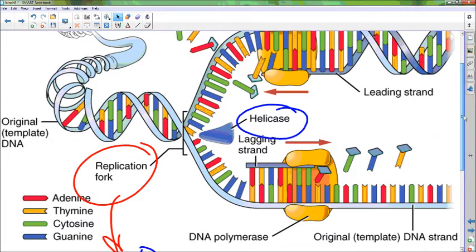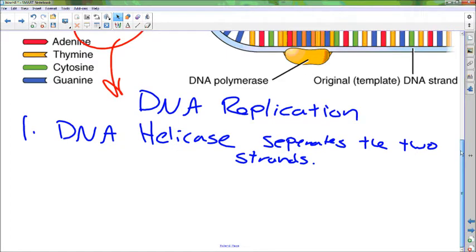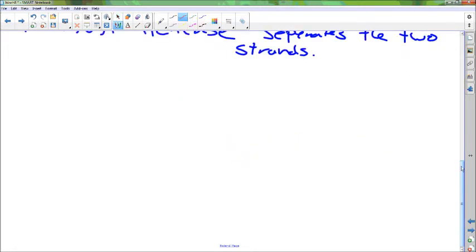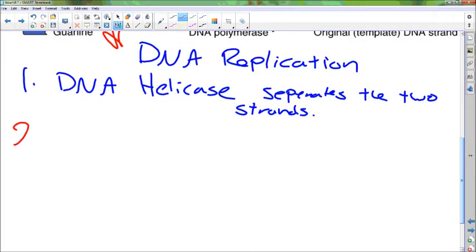Okay? Once those strands are separated, at that point we can start building the new strand by putting new nucleotides in. But that takes a different type of enzyme, and that enzyme is called DNA polymerase. Step 2 is that DNA polymerase starts adding new nucleotides.